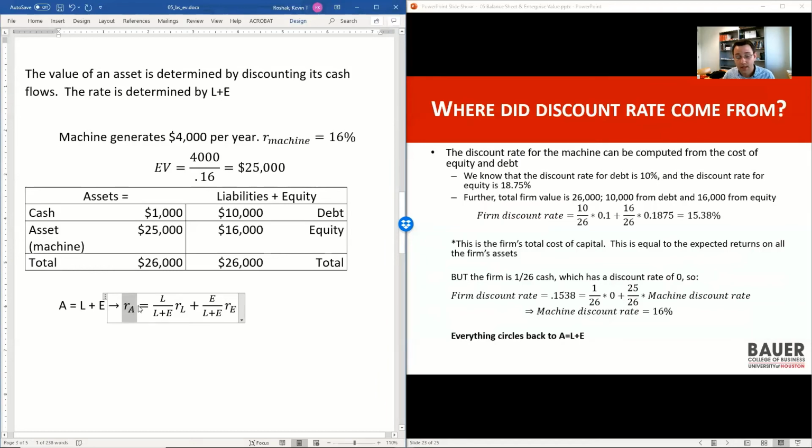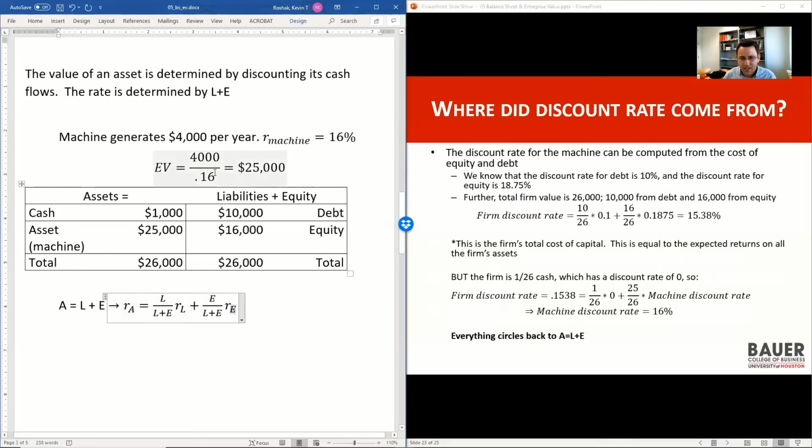Well, you split the return on the assets based on how much of the company each claimant owns. So L divided by L plus E, that's how much of the company is owned by debt holders. E divided by L plus E, that's how much of the company is owned by equity holders. Okay, but in total, these things have to be equal. Anything that you pay out to your debt holders and the equity holders has to be generated by the assets. Okay, and so you have to weight the returns to the debt and equity holders. That's got to sum up to what the assets are getting.